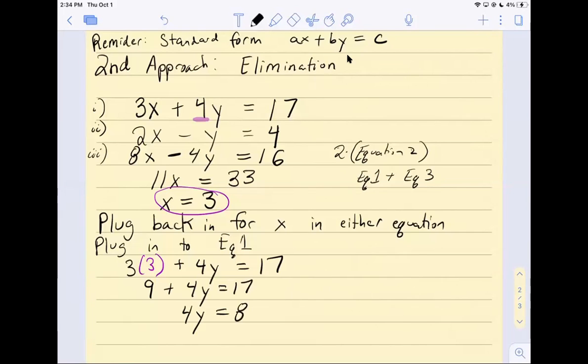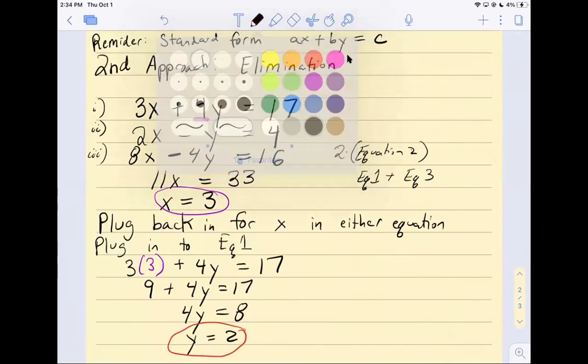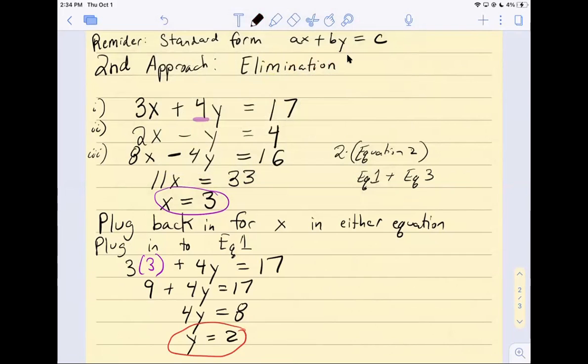Or in other words, dividing both sides by 4, we get that y is equal to 2. Okay, and now putting those two solutions together, our solution (x, y) is equal to (3, 2).